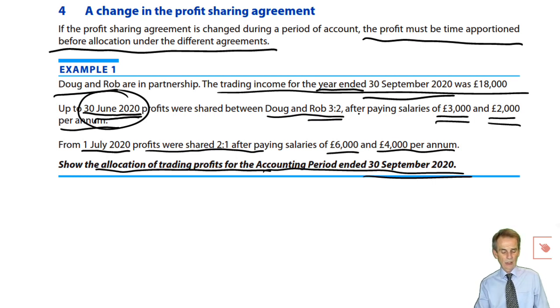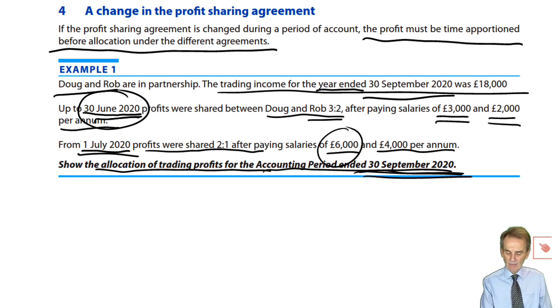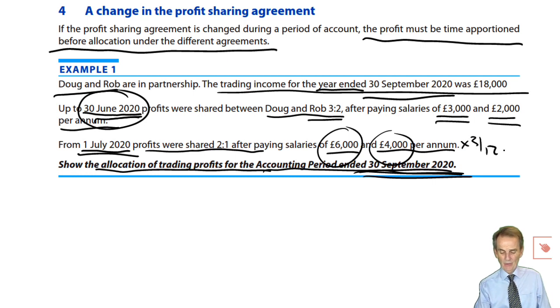Having dealt with the first 9 months, we then deal with the last 3 months, from the 1st of July 2020 through to the end of the accounting period, the 30th September 2020. What will we have? Salaries of £6,000 and £4,000 per annum. This time that is only 3 months, so it will be times 3/12.